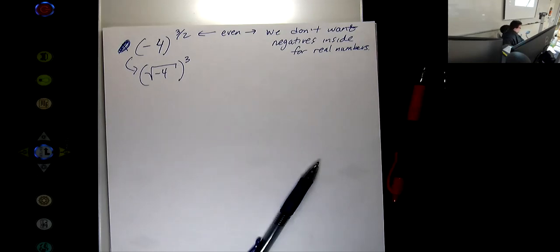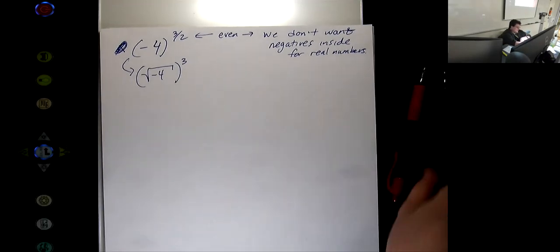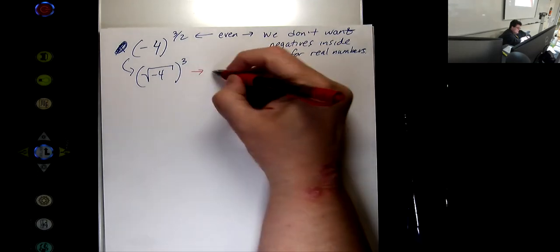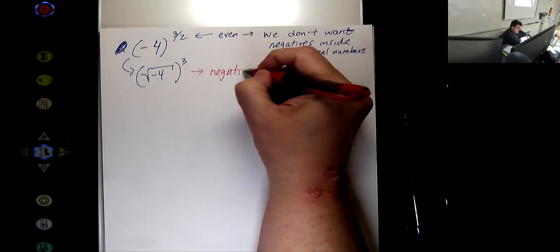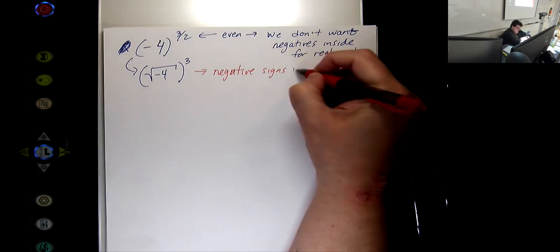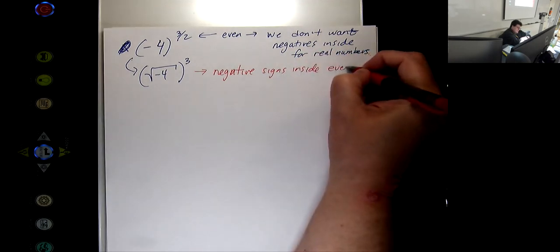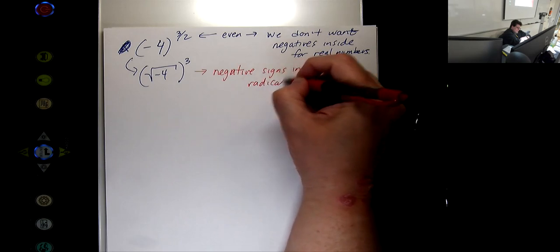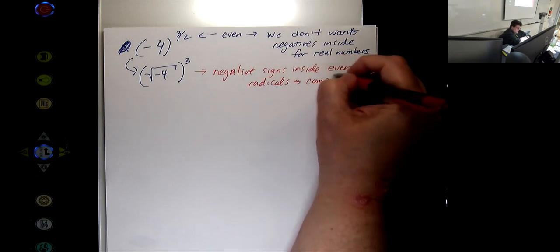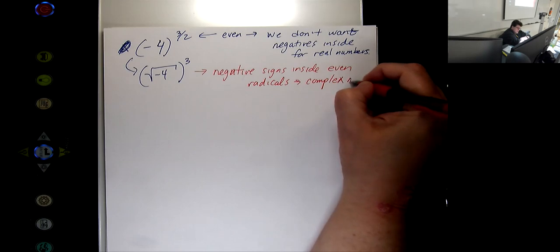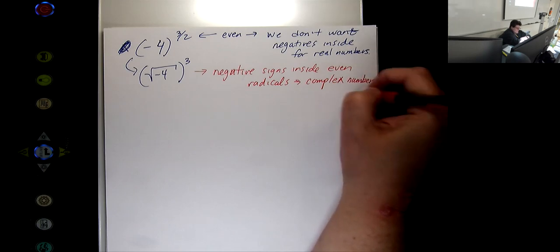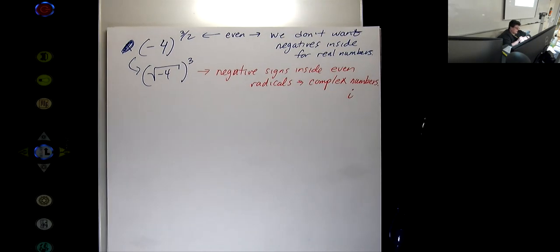And we don't want negative numbers inside of radicals that are even. We will address this later on when we have negative signs inside of even radicals. We get complex numbers. That's the i that you might have seen. But we'll do that in a later section. It shouldn't show up in any of your homework yet.